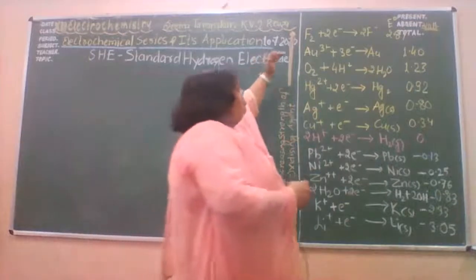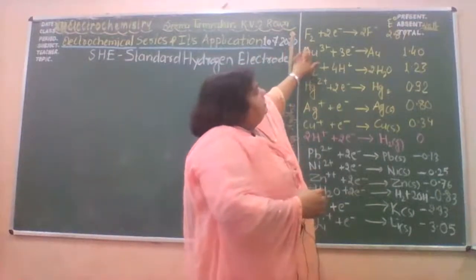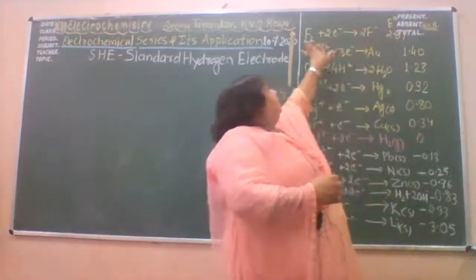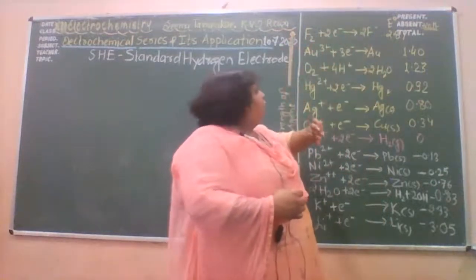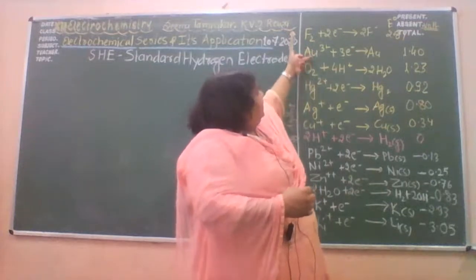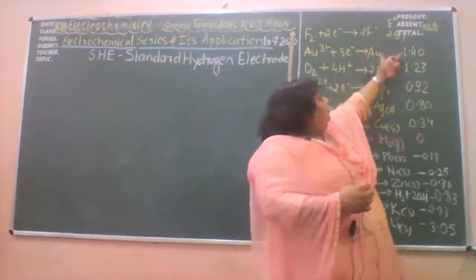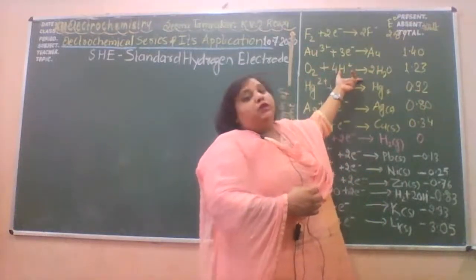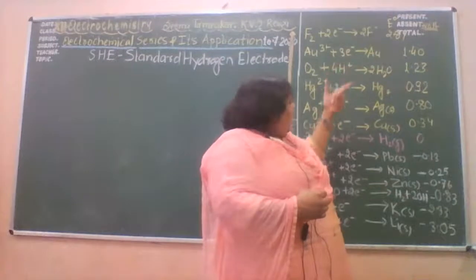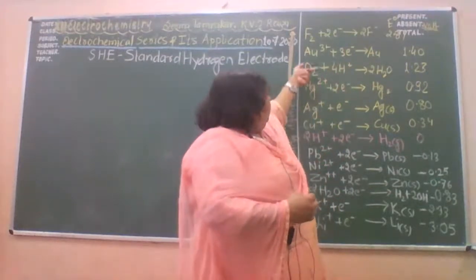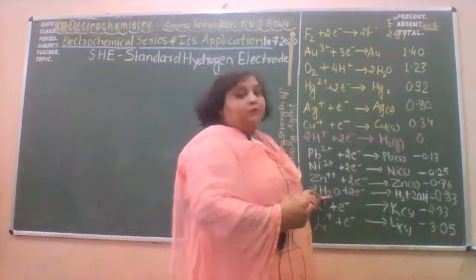The topmost position in this series, with the highest value 2.87, is obtained by fluorine. Now I'm moving down and down. Au with 1.40, then oxygen. Here this is very important: the water I have written at two places, if you can see, one place here and one place here.